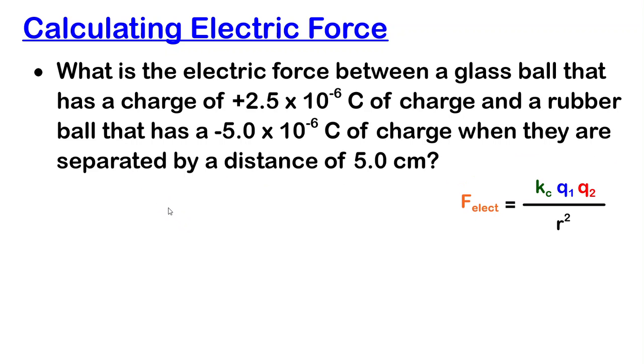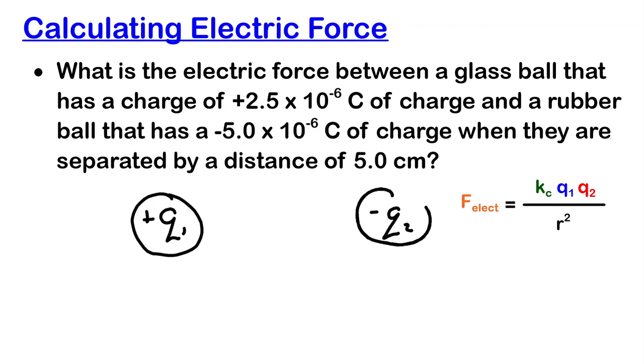It helps me to draw a picture, so we'll call this charge 1. Charge 1 is positive since it has a positive 2.5. So here's charge 1. Charge 2 is over here, and it has a negative value. Then we know that there is some distance, the distance between their centers, and the distance is 5 centimeters.